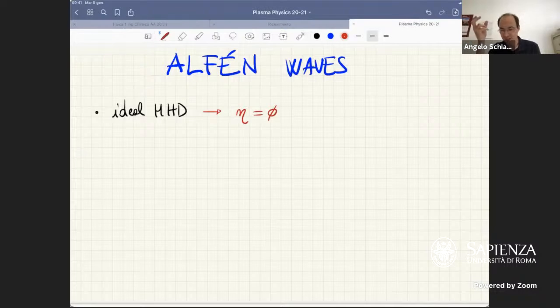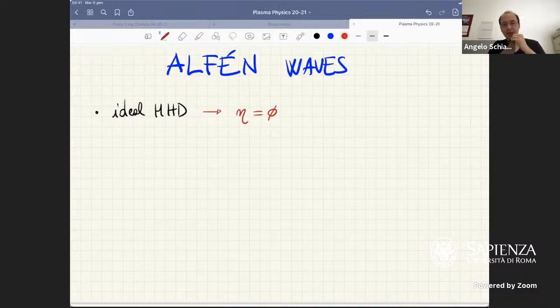So they are really linked together, and there's a strong interplay. We comment on this at the end of this lecture. We say that actually the B field lines are very rigid lines.